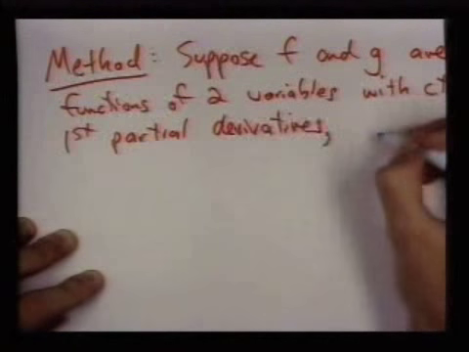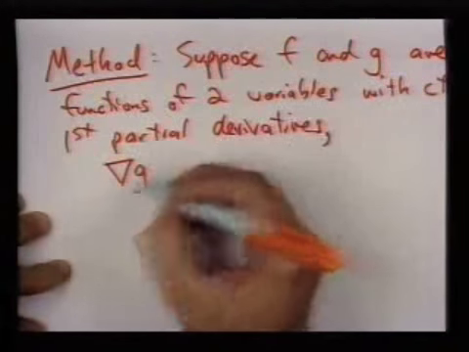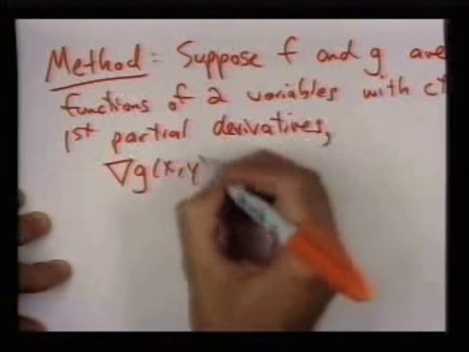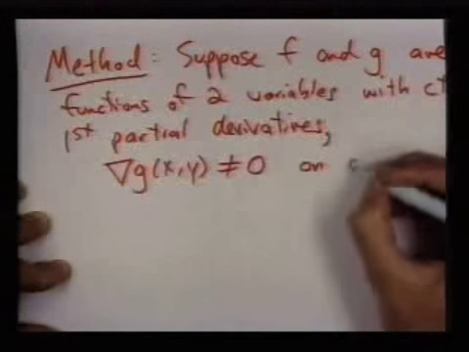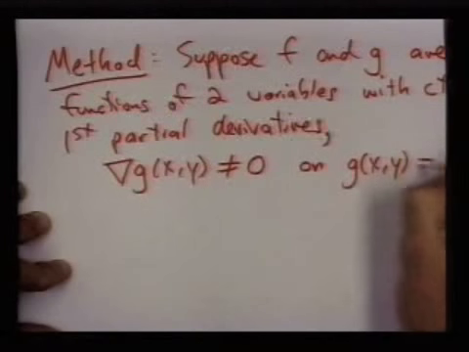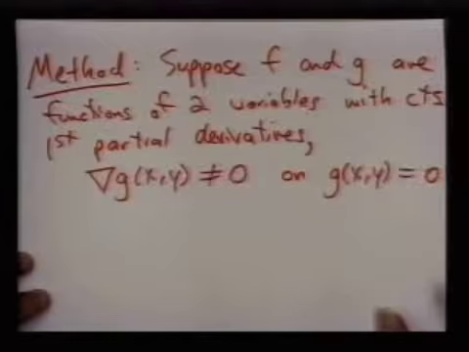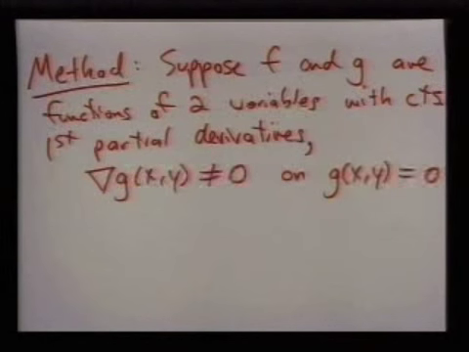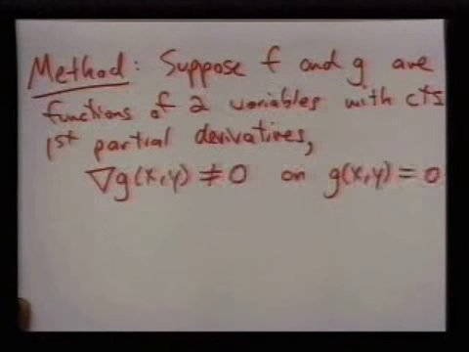And we also want to assume something else, which maybe I can explain later, is that the gradient of g does not equal 0 on this level curve of all points where g is equal to 0. So we suppose all of this: f and g are functions of two variables with continuous first partial derivatives. The gradient of g doesn't vanish.